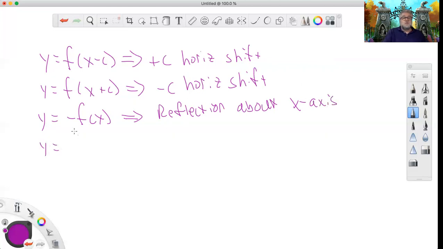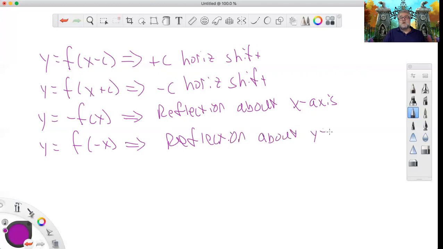And y equals f of minus x, reflection about the y-axis.